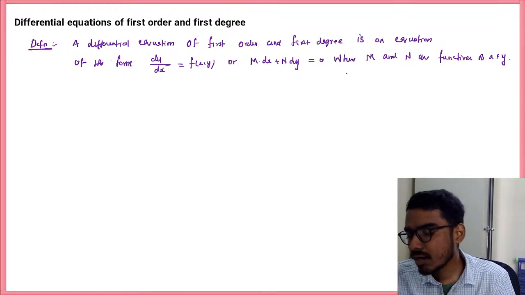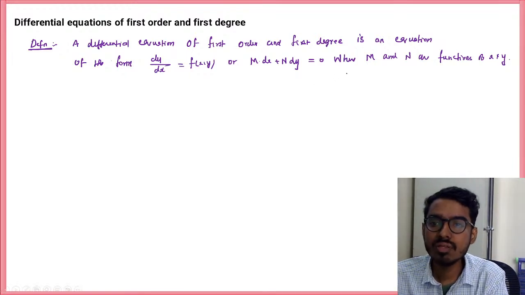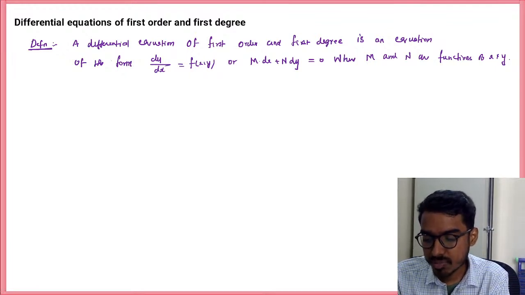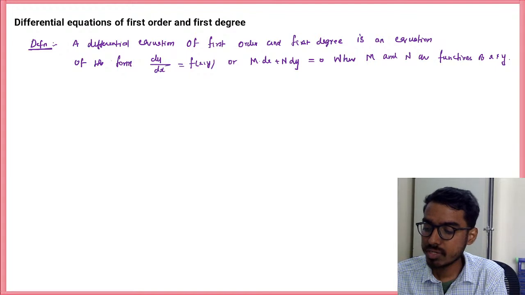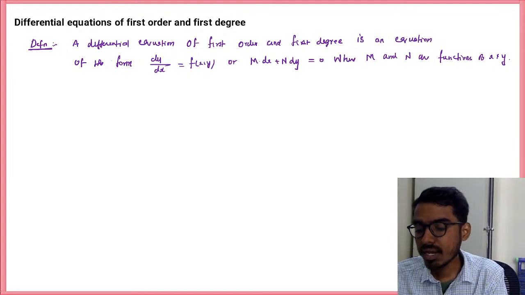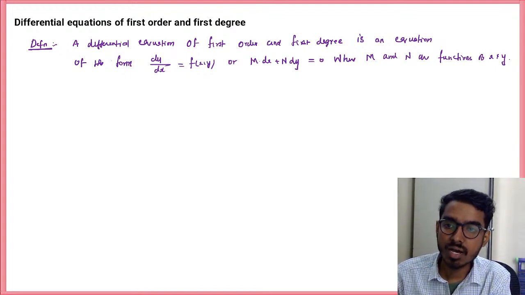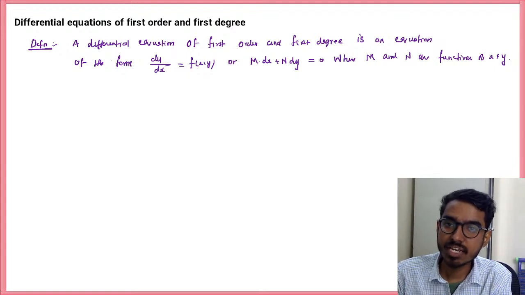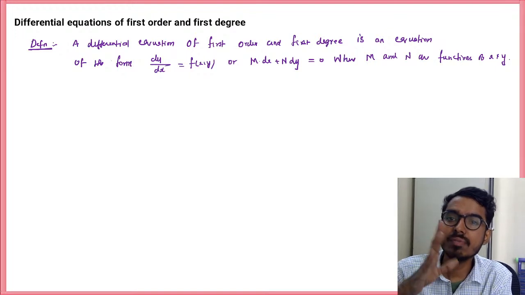Now, there are many methods to solve a differential equation of first order and first degree, right? From an exam point of view, there are 8 methods. I'm just going to list out those 8 methods. In the exam, they will not say solve by this method or that method.